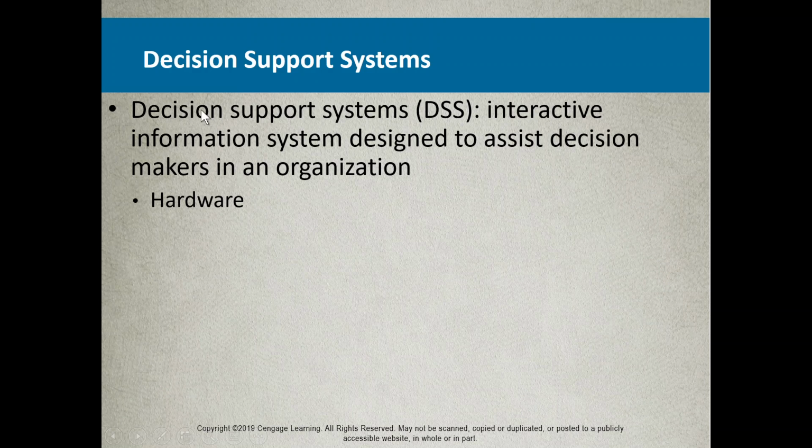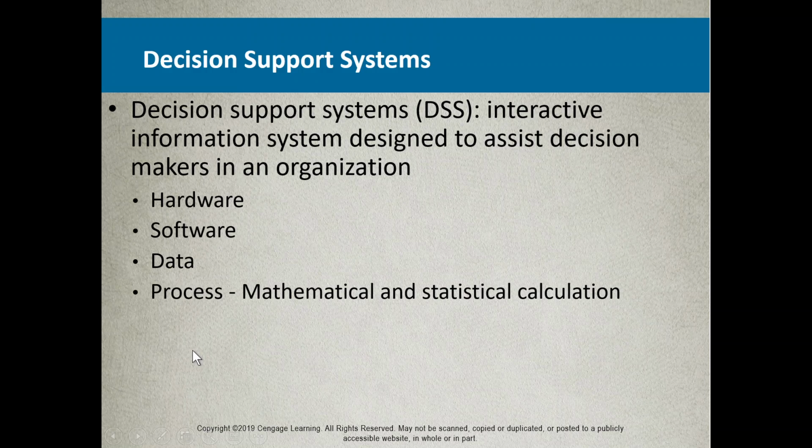So these systems do need hardware, software, and data. These are all the fundamental components of any management information system. There is a lot of processing, which includes a lot of mathematical and statistical calculations to produce output, reports, and information.